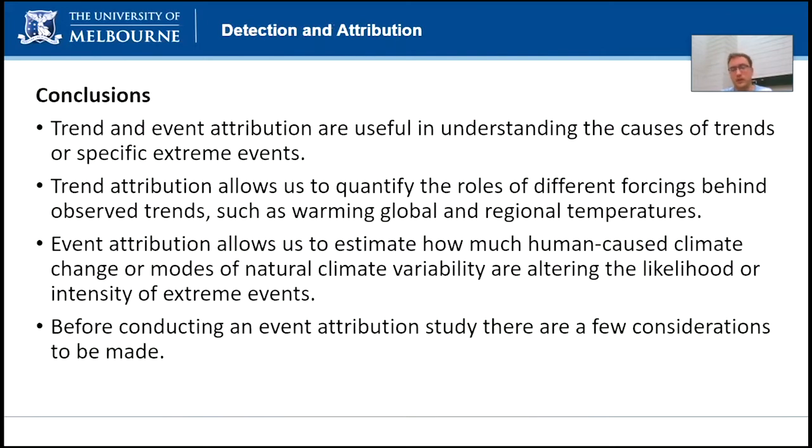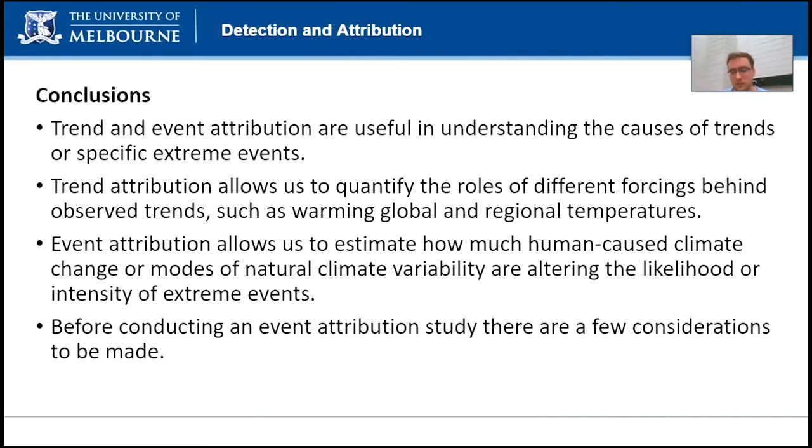One of the key points I'm trying to make here is that before we actually conduct an event attribution study, there's quite a lot of considerations we have to make. Often, when there's an extreme weather event, we might get asked by different organizations if we can do a study looking at that extreme event. And often the answer has to be no, because we don't have either good enough observations or the right climate model simulations to look at that particular event.